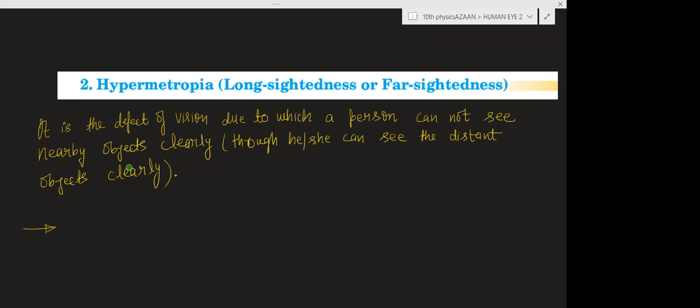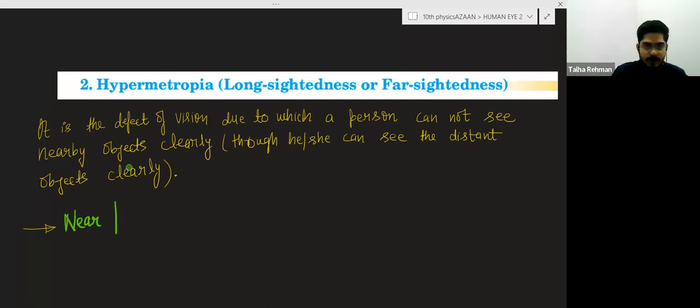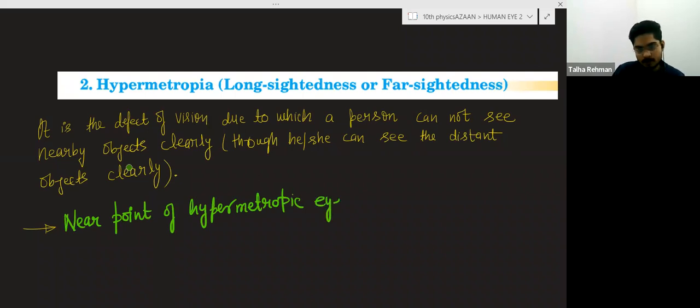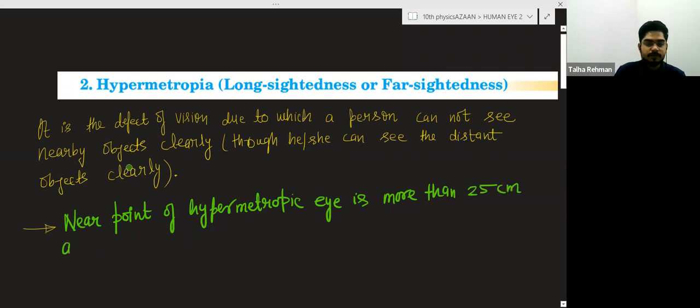So the near point of hypermetropic eye is more than 25 centimeter away.